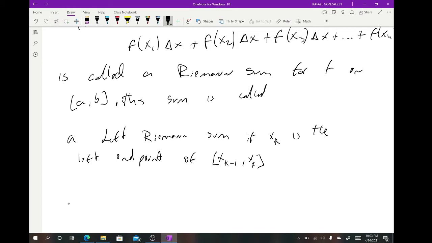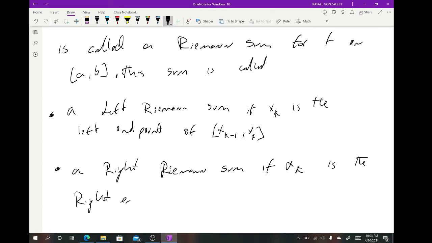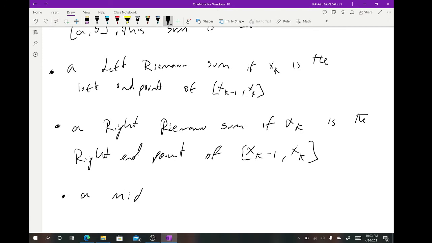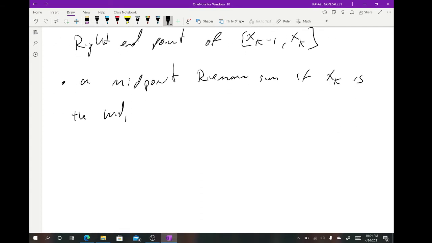It's called a right Riemann sum if xk is the right endpoint of xk minus 1 and xk, and it's called a midpoint Riemann sum if xk is the midpoint of xk minus 1 and xk. Again, this is all for k equals 1 all the way to n.